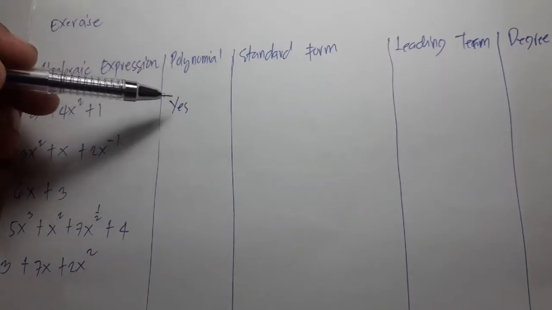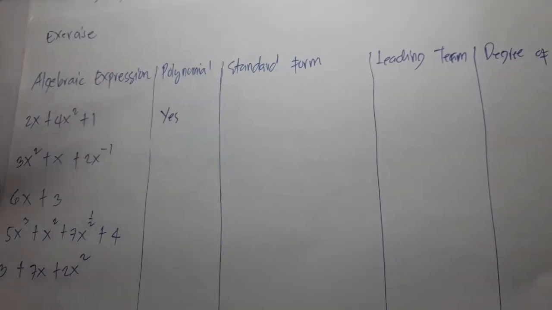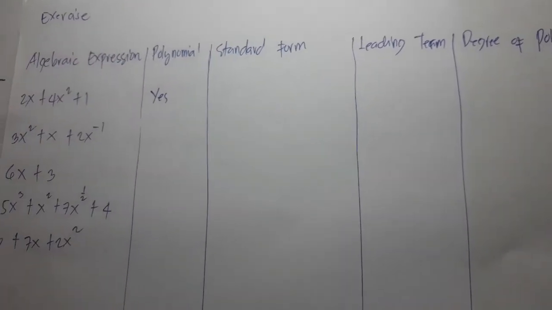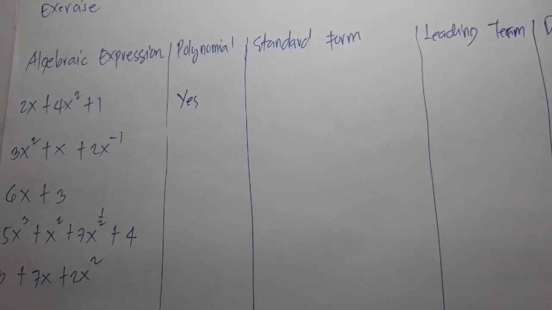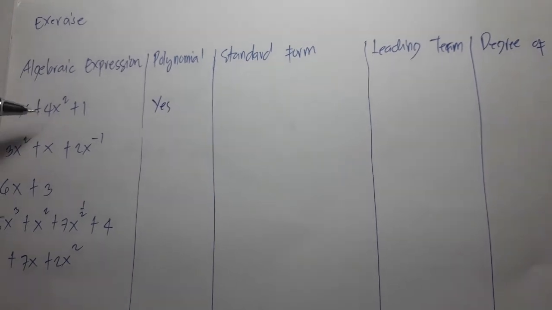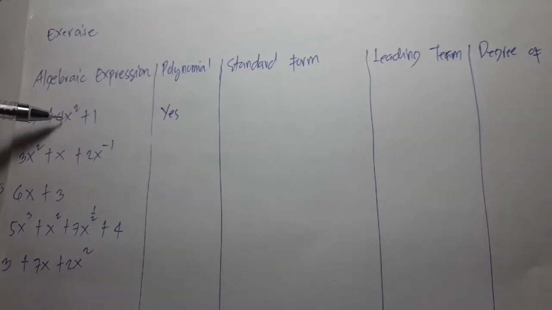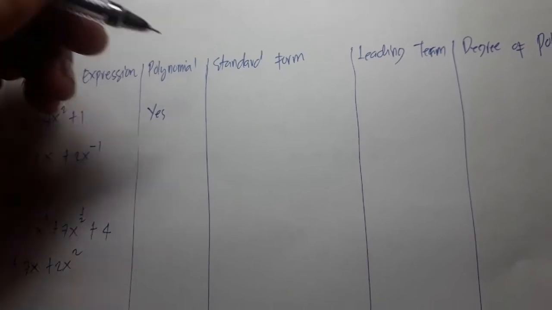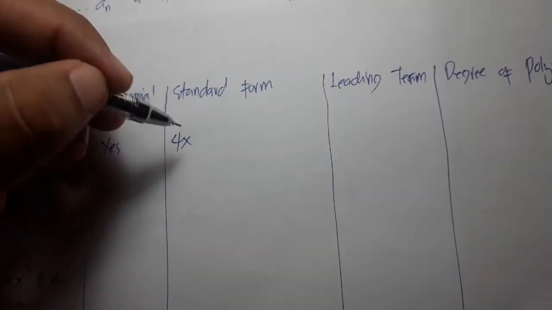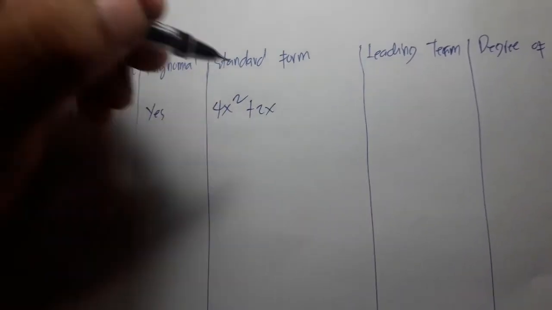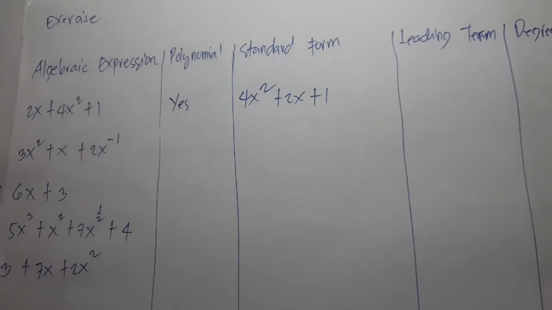Since this is a polynomial, we will write it in standard form. In standard form, we have to write it in what? In descending order. Since this term has the highest exponent, 4x squared, then plus 2x plus 1.